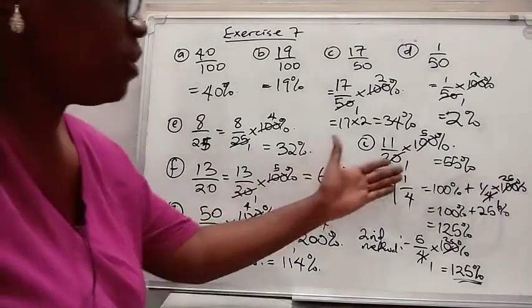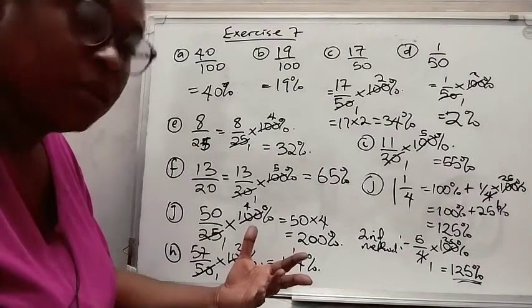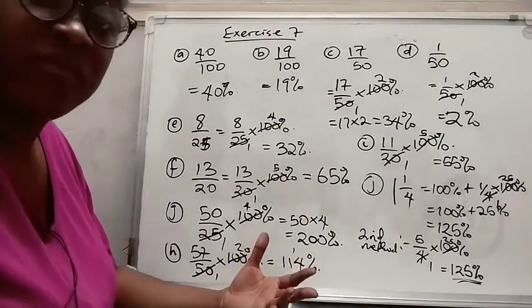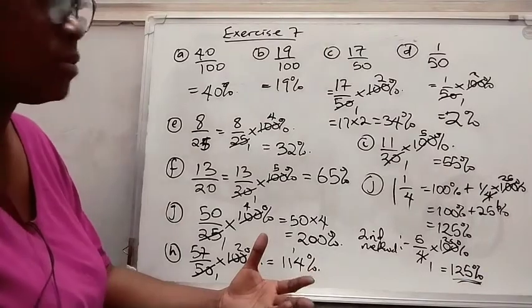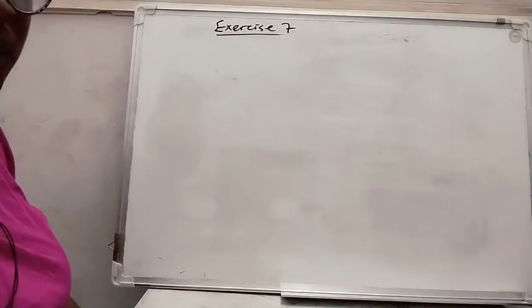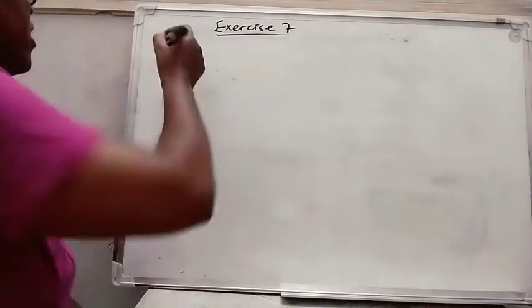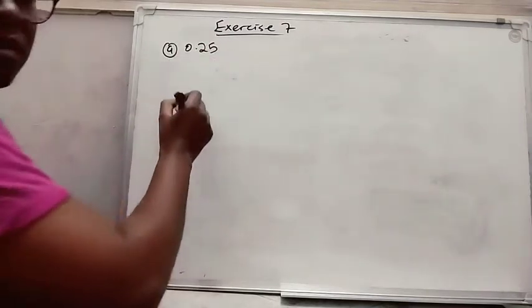So whichever method is easier for you, you follow it and know how you're going to be faster during your examinations. And this exercise involves converting decimal numbers to percentages. So we have our first question, 0.25.